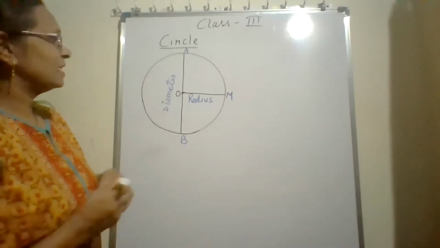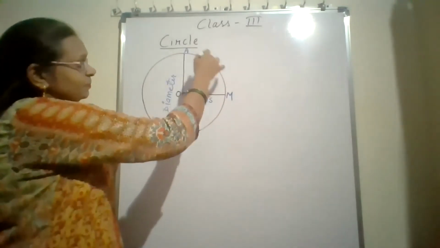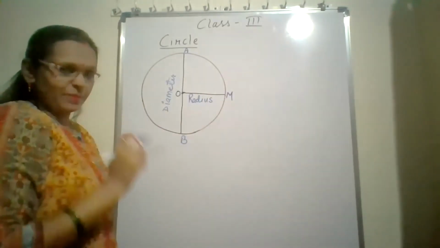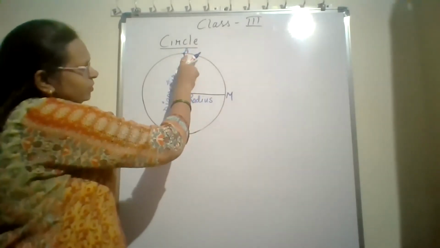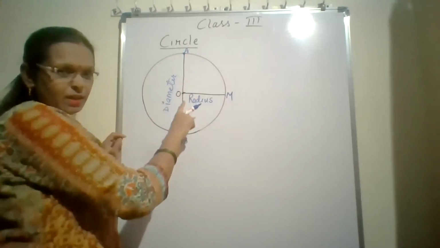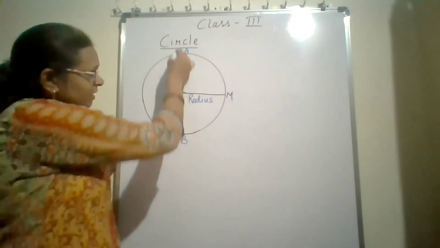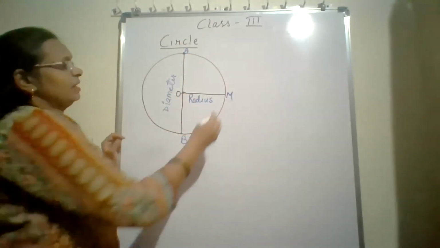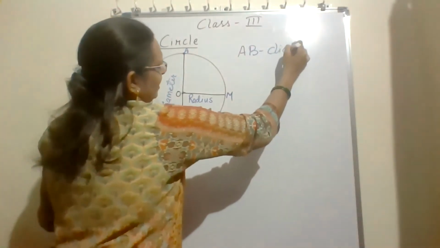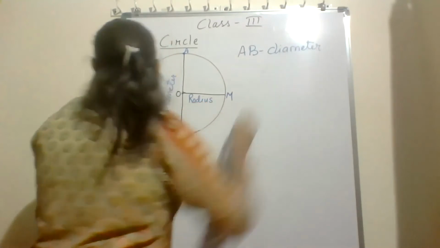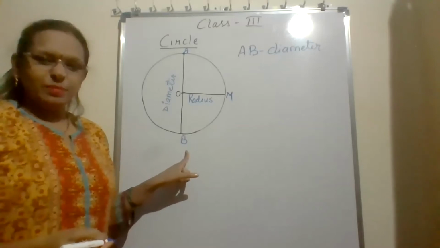So next is the circle. Now see, the properties of a circle. AB: from one end of the circle, when we pass through the center, we reach the other side. This straight line is called the diameter. AB is called the diameter.